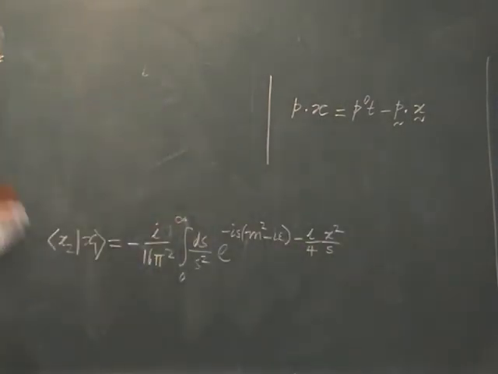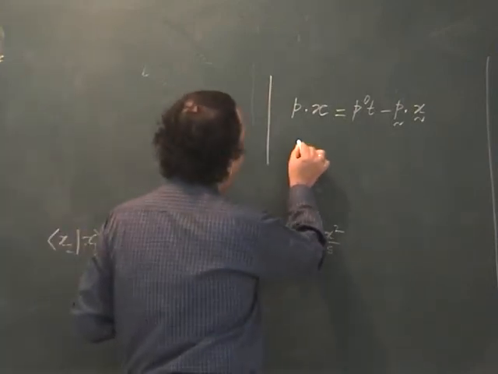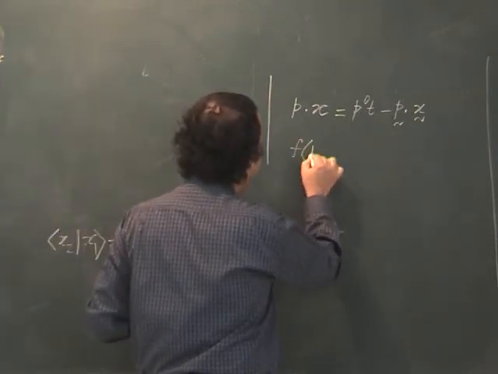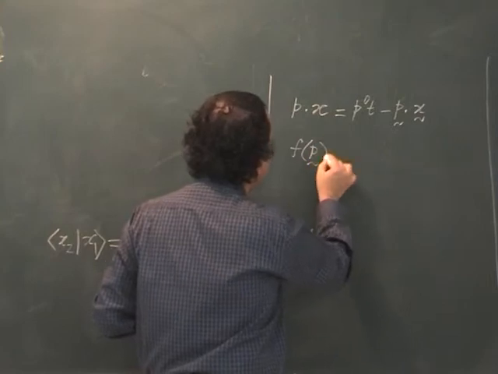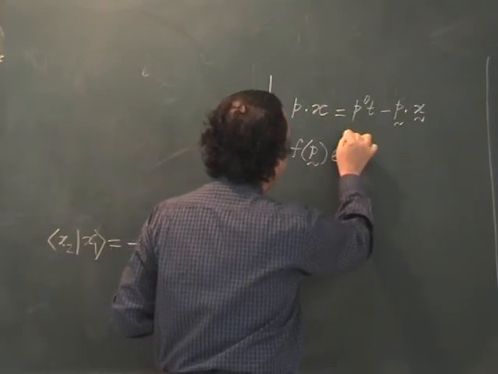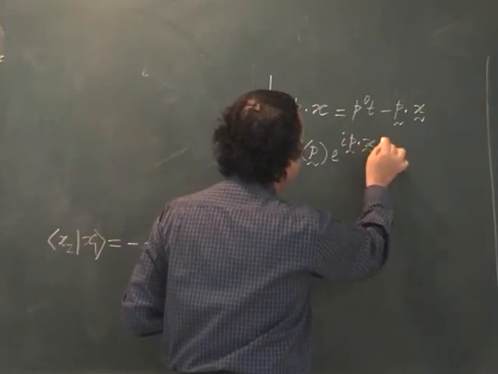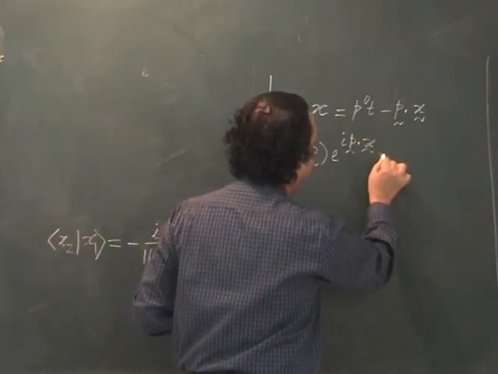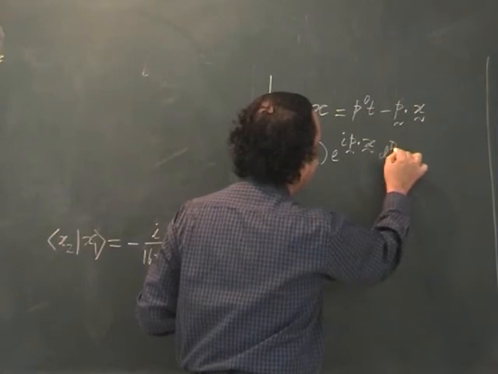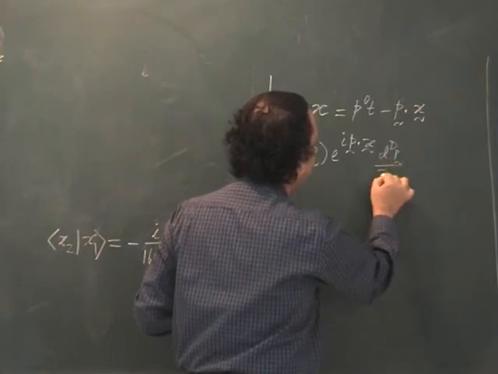A word on the notation. Our 3-dimensional Fourier transform notation was that we will always have some f of p, e to the i p dot x, times d^d p upon 2 pi to the power d.